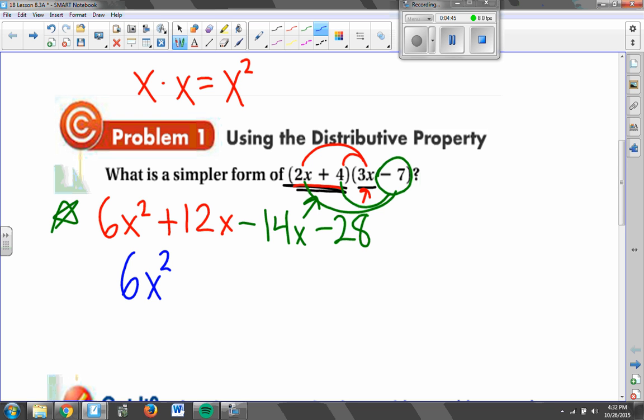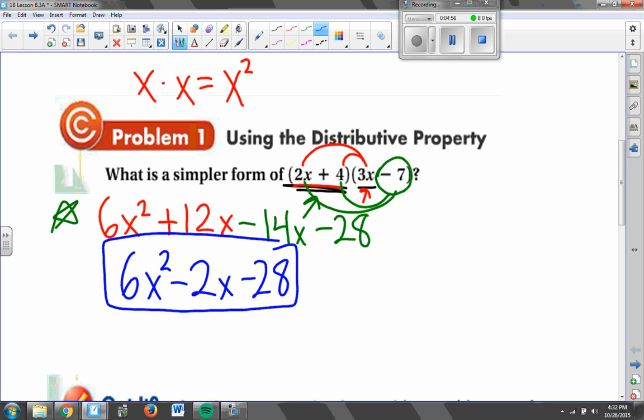Since the minus number is bigger, I know it's going to be a minus 2x there. And then I still have my minus 28 at the end. So this is the simpler form of my original expression that was in parentheses. Okay? And what I've done there is just distributed both things in these parentheses here twice. I've done it to the 3x and to the negative 7 in the other parentheses.